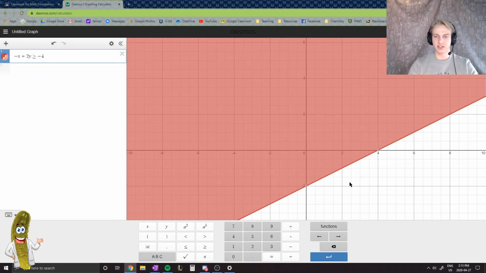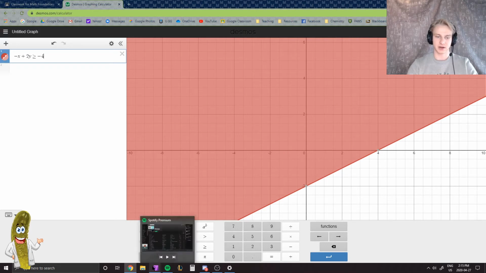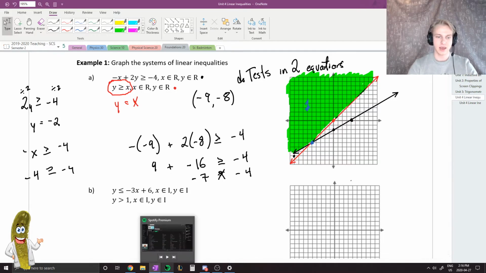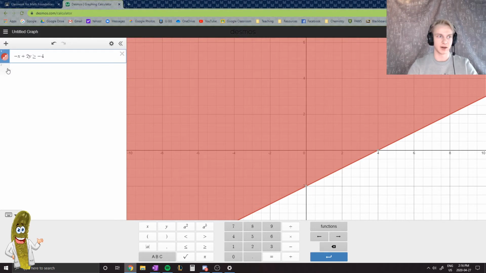As you can see, there's the graph, and it also shows the region that would have been shaded. We knew based on our answer that it had to be above the black line, and we've confirmed that by graphing here.